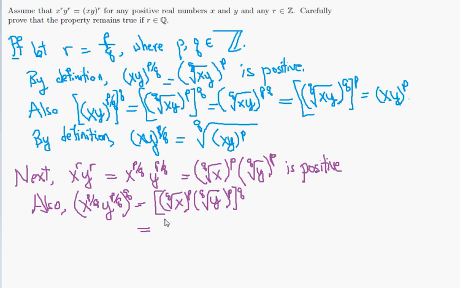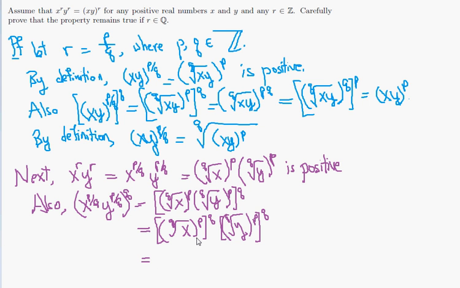And so I may write this as the qth root of x to the p to the q, times the qth root of y to the p to the q. Now that's by the law of exponents, where p and q are both integers.